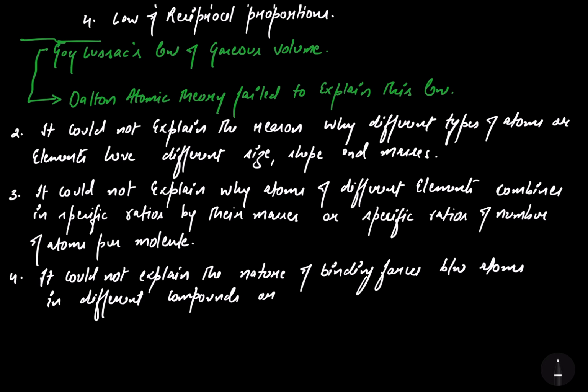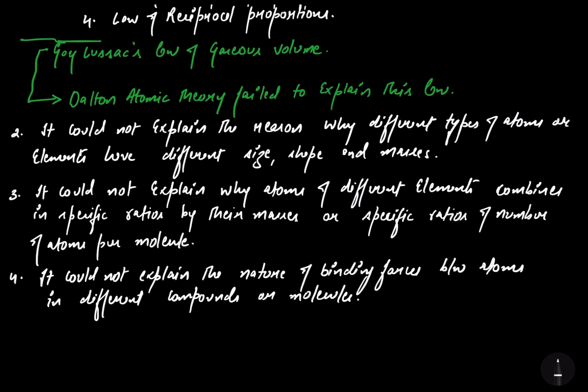But again, due to the advances of chemistry, we today know that the binding forces are like covalent bonds, ionic bonds, coordinate bonds, London dispersion forces, ion-dipole interaction, dipole interaction. We have a lot of types of forces.